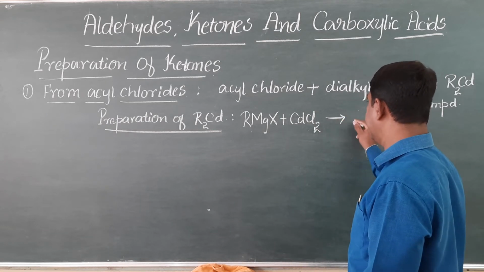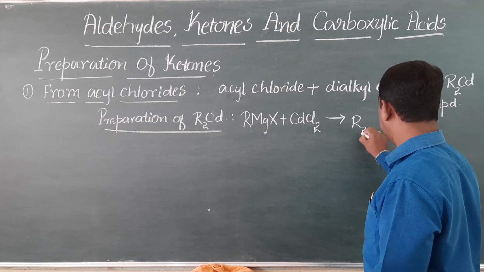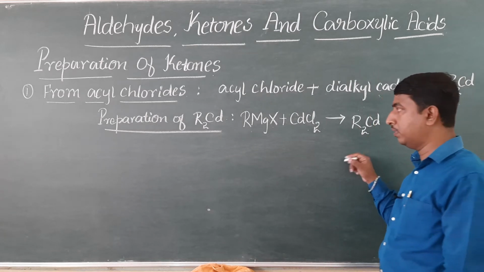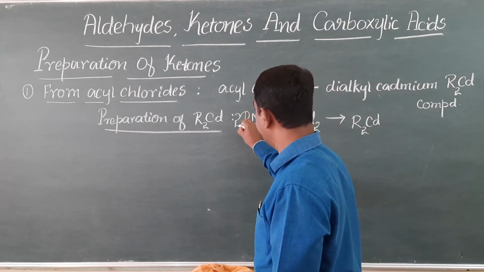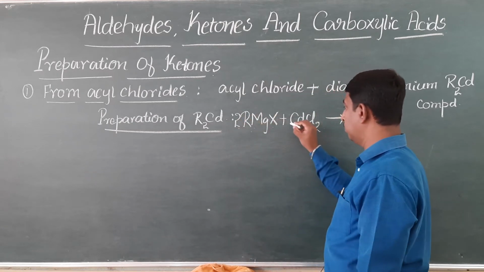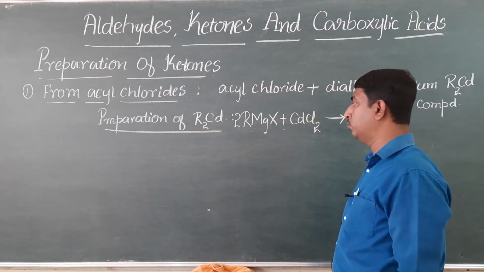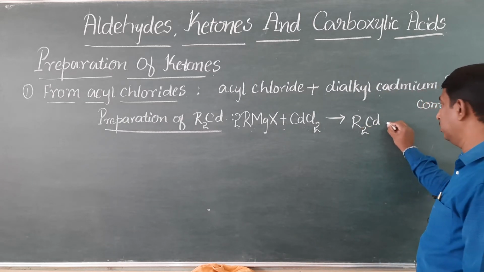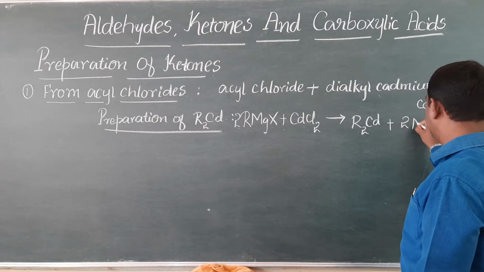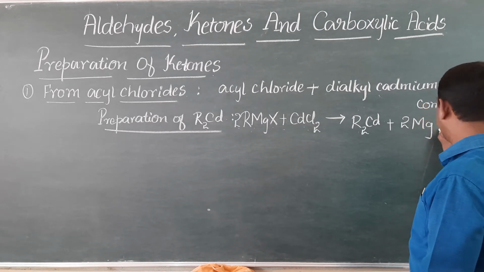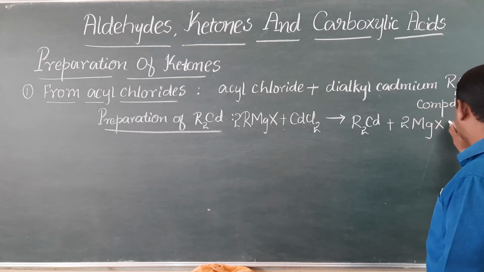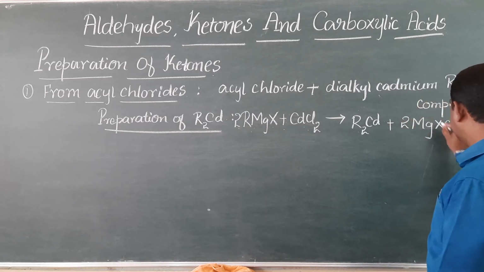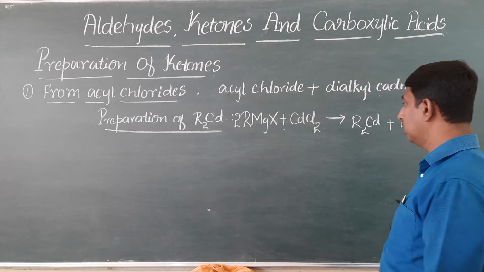So, product obtained is dialkyl cadmium, R2Cd, two alkyl groups are present. I will take 2 here: 2RMgX plus CdCl2 gives R2Cd, byproduct 2 molecules of MgXCl.